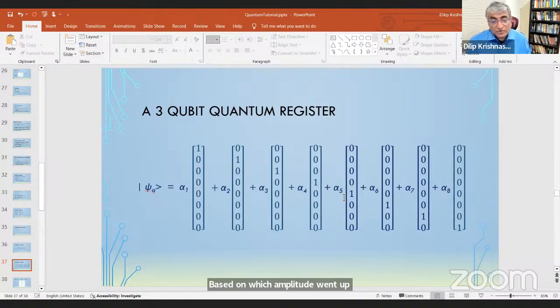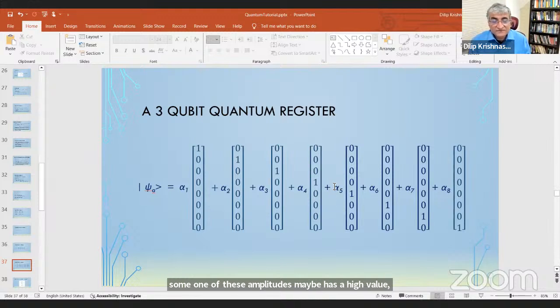Now, you really don't know what the amplitudes are, like I said, until you make a measurement. So when we do quantum computations, we are trying to transform these amplitudes with the hope that one of them has a high value, so correspondingly the probability of that state is high.